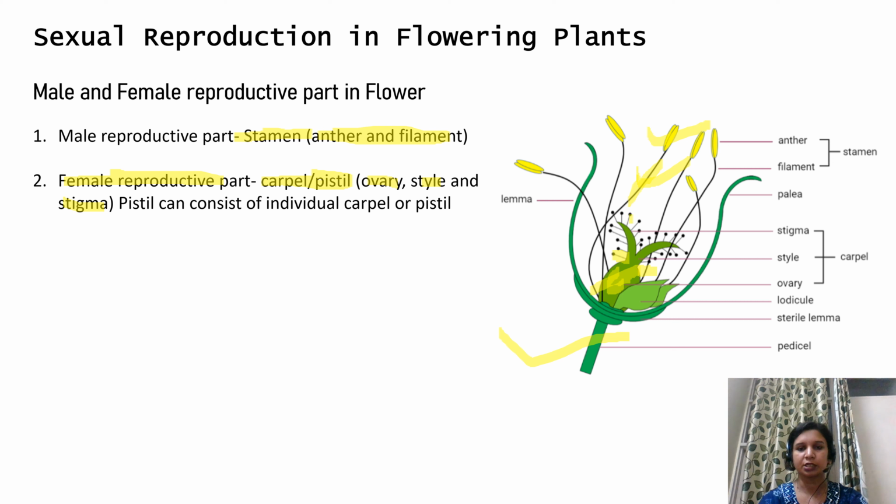And this is the stigma. This is the place in the pistil where pollen grains actually adhere. Due to its property of receiving pollen grains, it has a sticky structure.